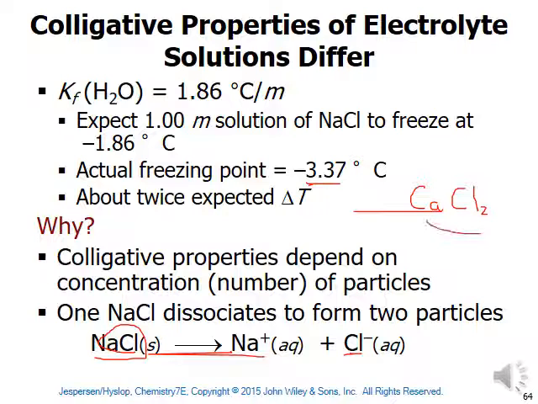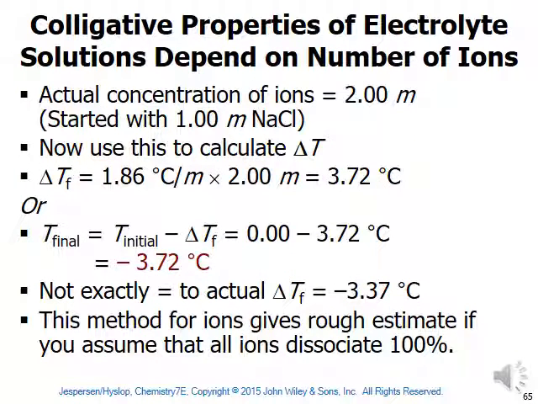So even if the calcium chloride and the sodium chloride aren't the same molality, the calcium chloride is going to be better. It's going to lower the freezing point more because there's more particles. And here's a calculation to figure out what's going on there.